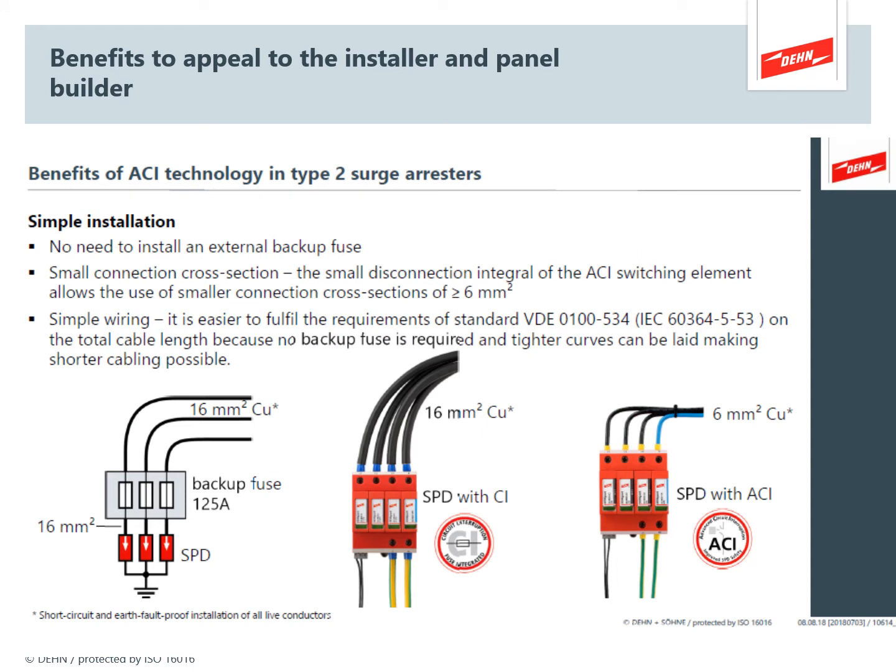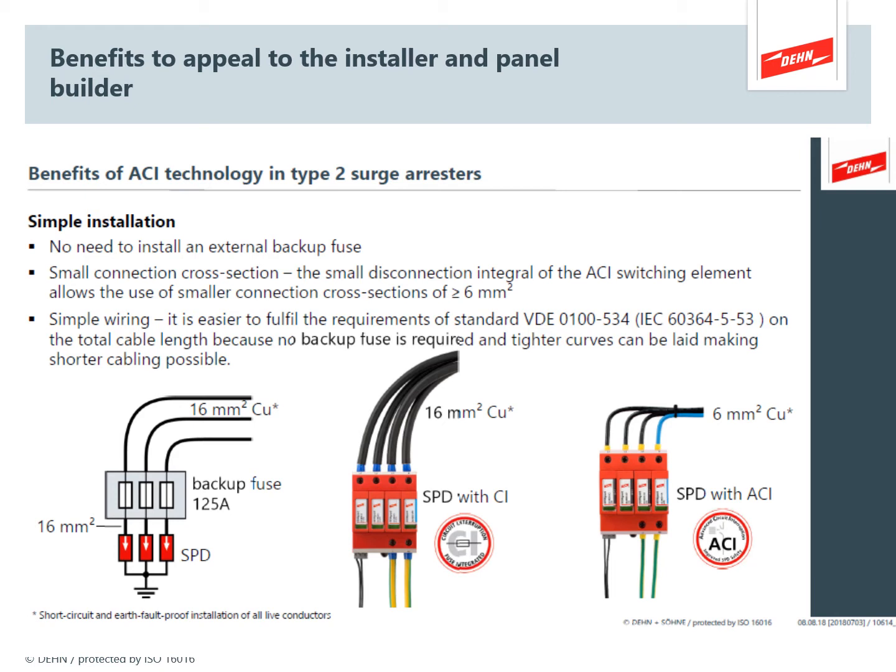So looking at the evolution of the SPD over the years, on the left hand side we have a traditional type 2 SPD. This has got 125 amp backup fuses, which is perfectly dimensioned for the SPD, but we're requiring 16mm cables. Then we got to an SPD with integrated interruption. That was the DEHN CI in the middle there.